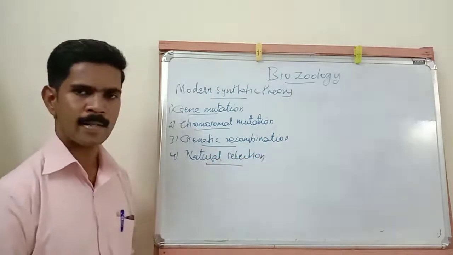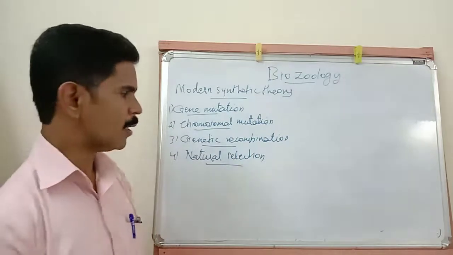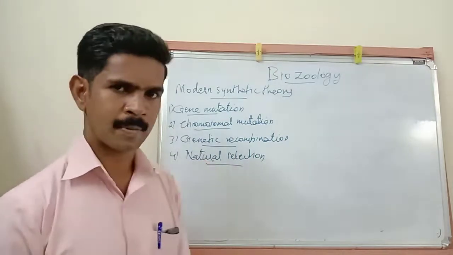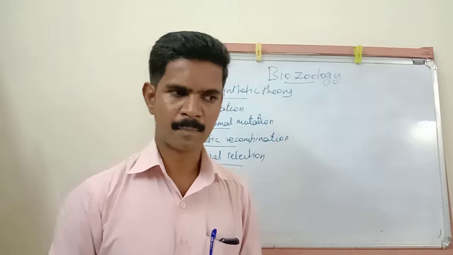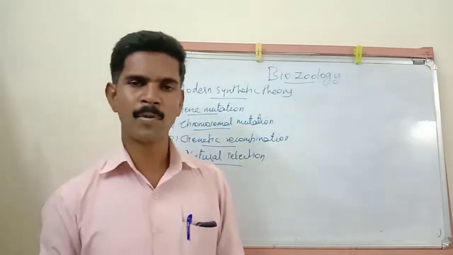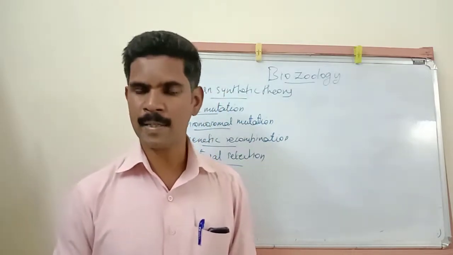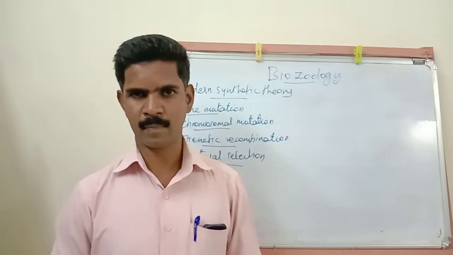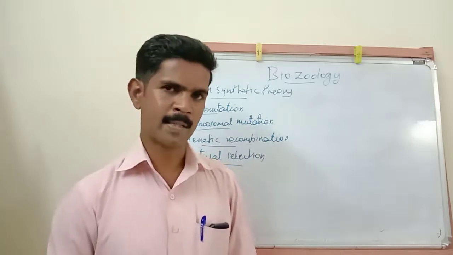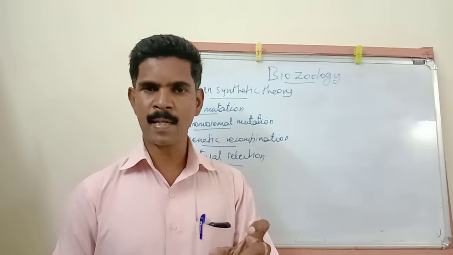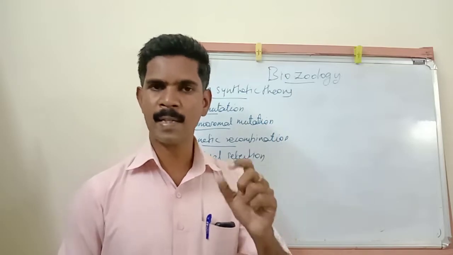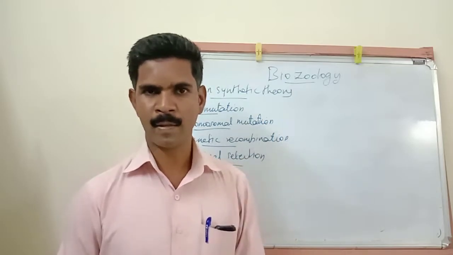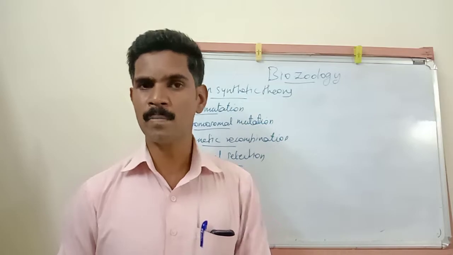The fourth one is natural selection. According to this basic concept, nature will not produce any variations. But once any variations or changes occur, automatically it leads to some genetic variations.